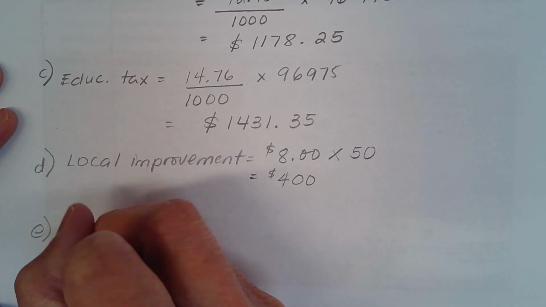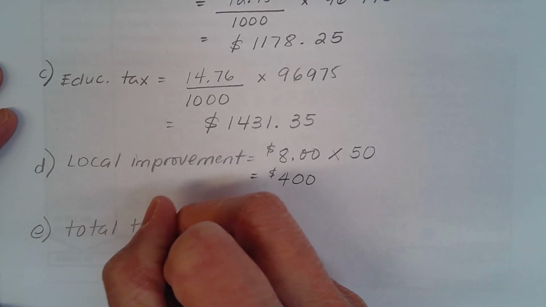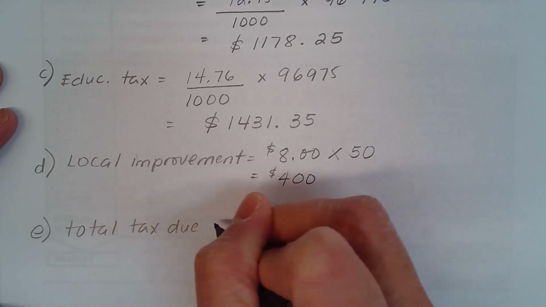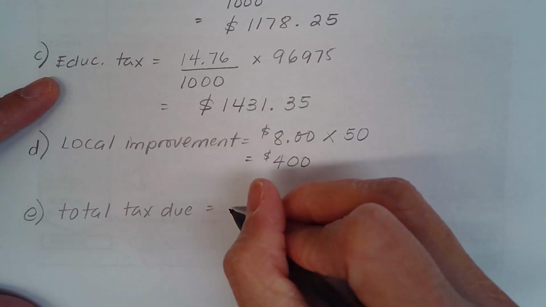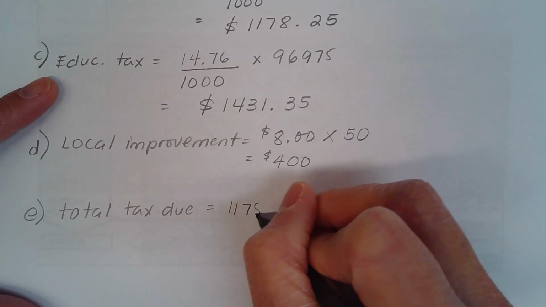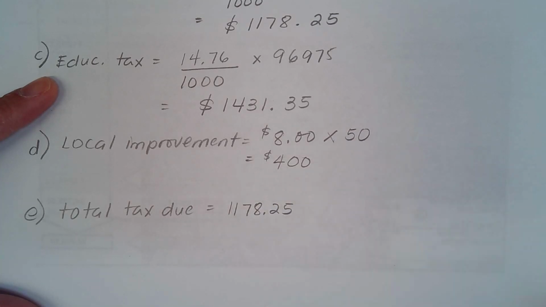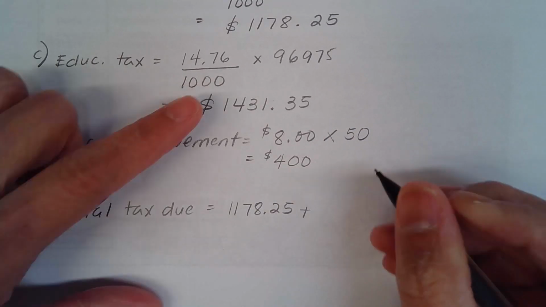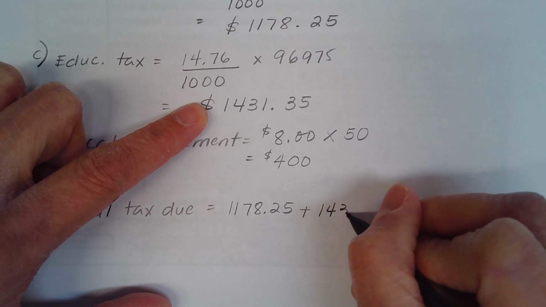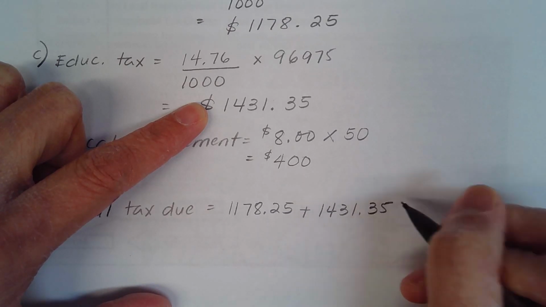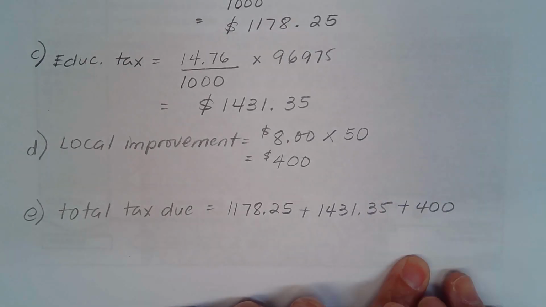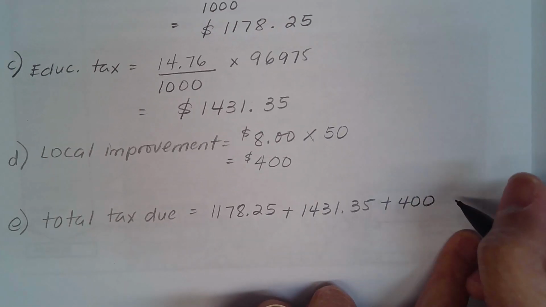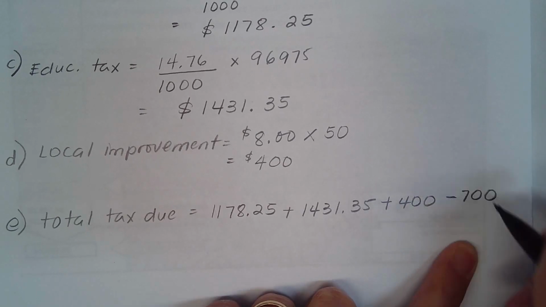So total tax due. Our municipal tax is $1,178.25. Our education tax is $1,431.35. Our local improvement is $400. And then what are we going to do with the tax credit? We're going to subtract the tax credit, so minus 700.